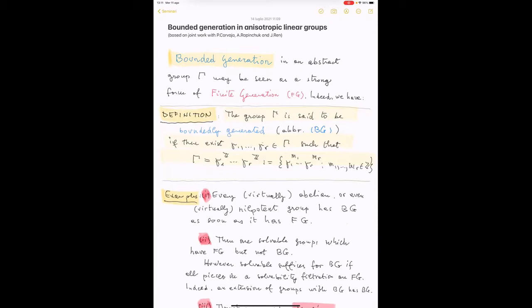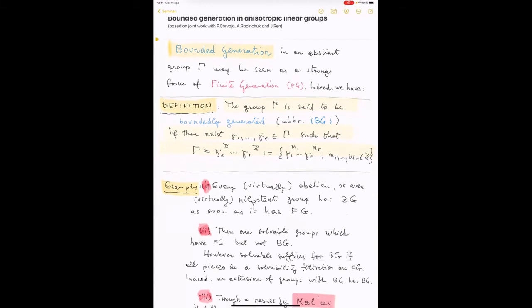So, as the title says, I will speak about bounded generation in anisotropic linear groups. And first, let me recall, even if it may be known to most or all, what bounded generation means. This is a definition which may hold in every abstract group, and I view it as a strong form of finite generation.